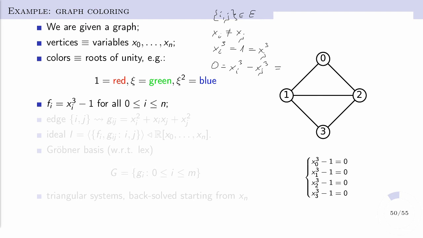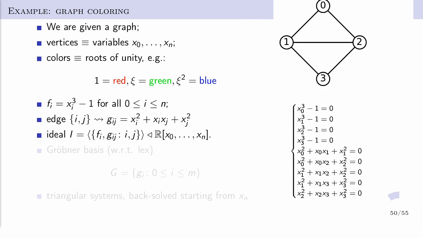Now this difference can be written as xi minus xj times xi square plus xi xj plus xj square. We know that xi minus xj must be non-zero, so it follows that the other factor must be 0. So for every edge in our graph, for every edge connecting the vertices i and j, we arrive at an equation xi square plus xi xj plus xj square equals 0.